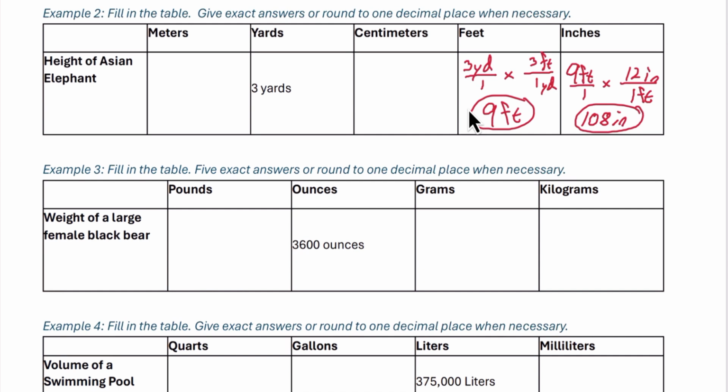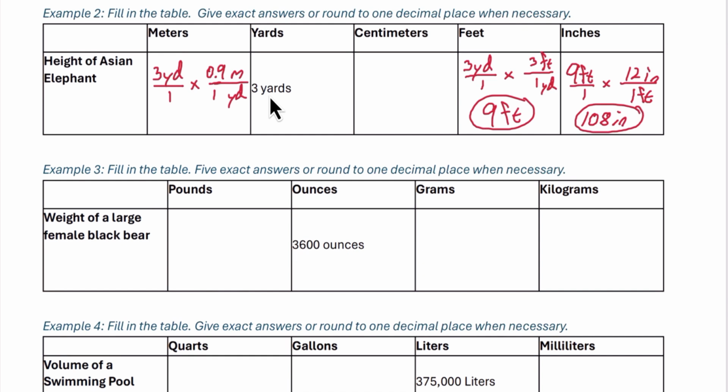And now let's look at centimeters and meters. Let's start with meters. We're converting 3 yards to meters. We'll put yards in the denominator and meters in the numerator. We know that there's approximately 0.9 meters for every 1 yard.